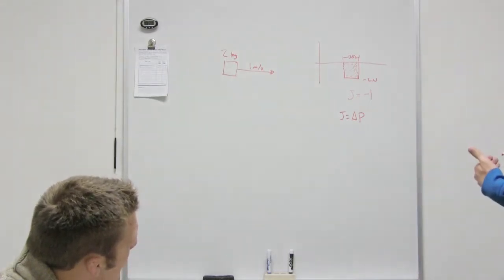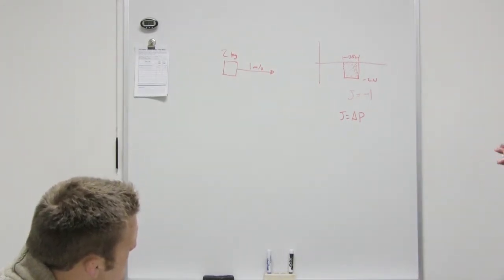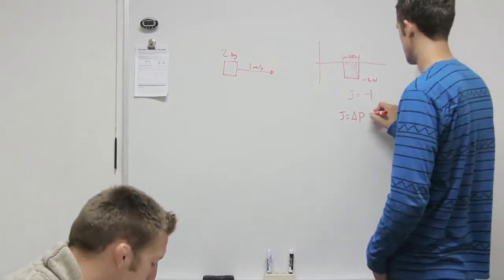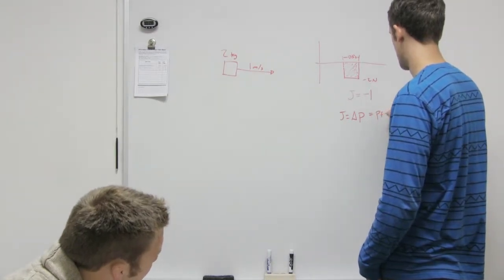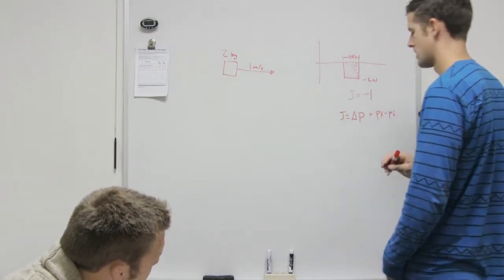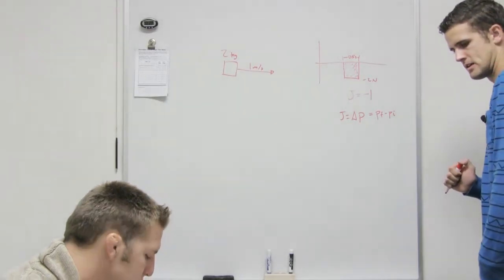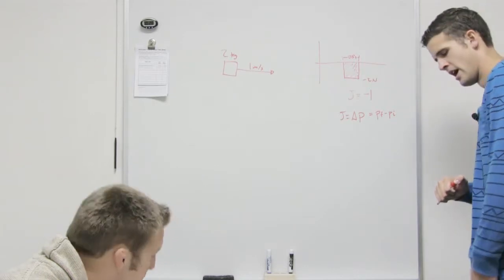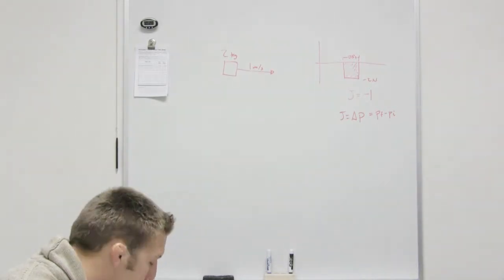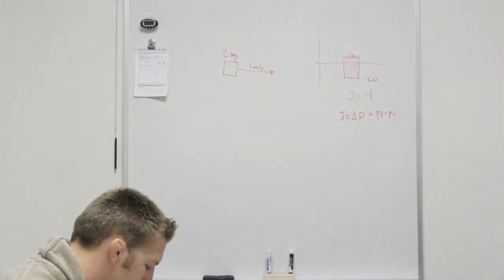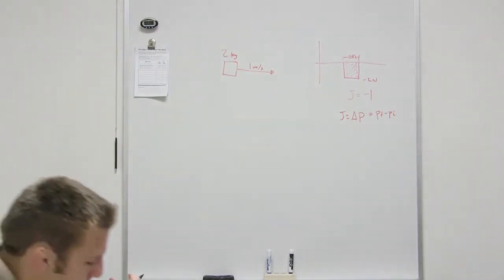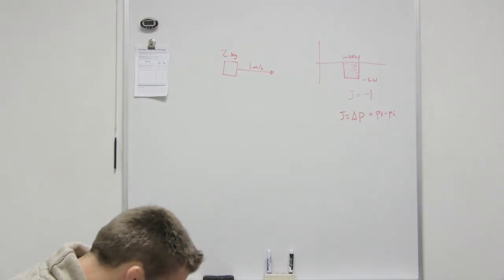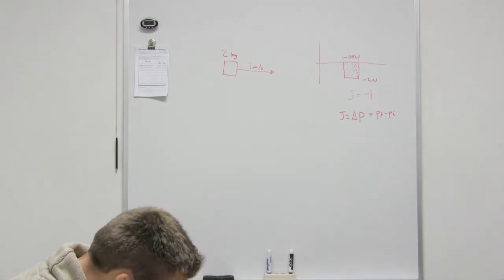So if you have a certain momentum and you apply an impulse, it'll change the momentum by that much. So that's equal to P final minus P initial.